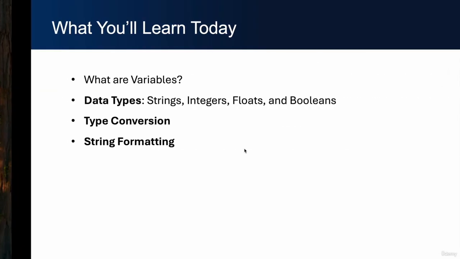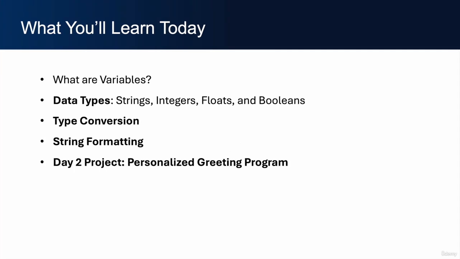Now, going forward, our final step is our day two project, which is personalized greeting program. The goal here is to build a Python program that asks the user for their name, age, and favorite color. Yesterday, we did name and hobby, but today we're going to do name, age, and favorite color, and then generate a personalized greeting message.